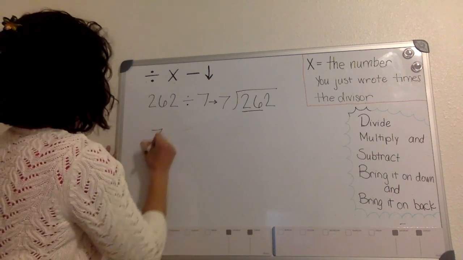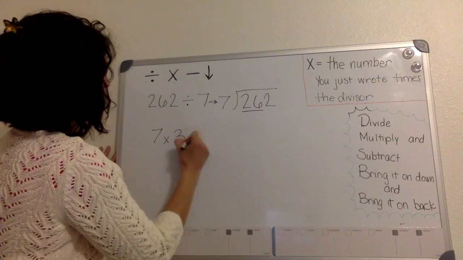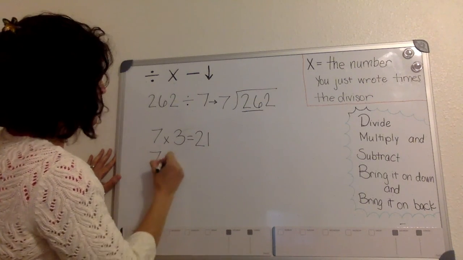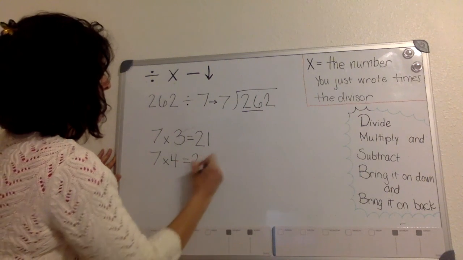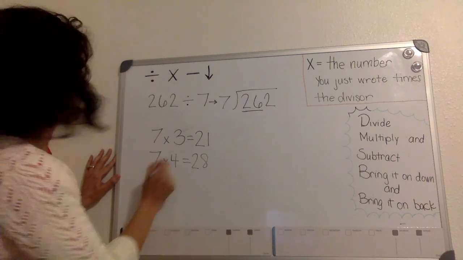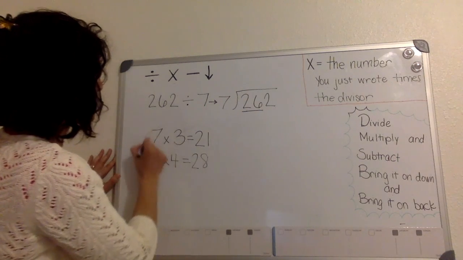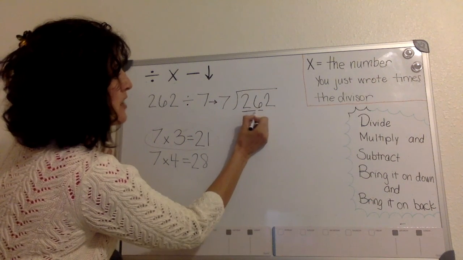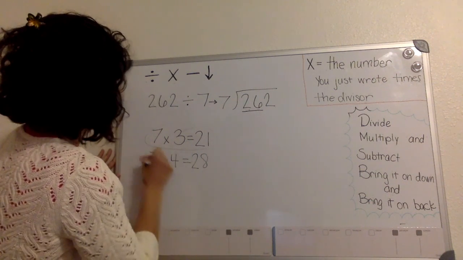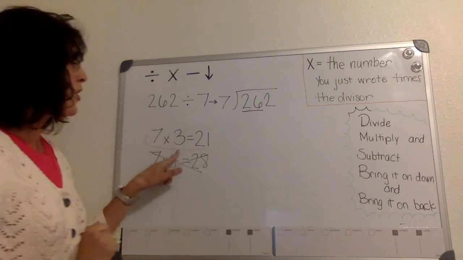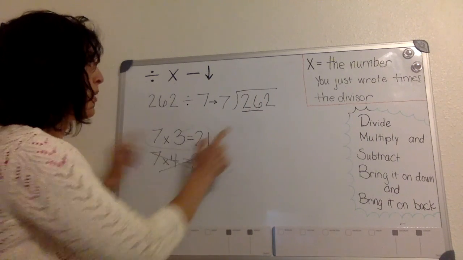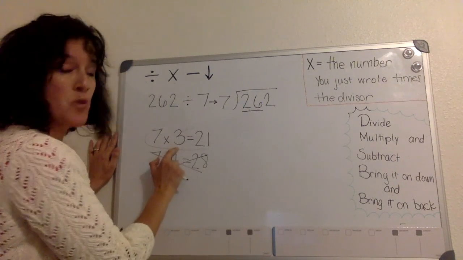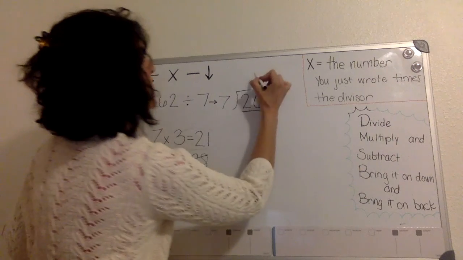Okay, let's see. 7 times 3 equals 21. That might be it. Let's see. Let's go on to 7 times 4. And that's too much. So we know that we're going to use this one up here because 7 times 4 is 28, and we cannot go over 26. We're going to use 7 times 3 is 21, or 26 divided by 7 is 3 with some left over.